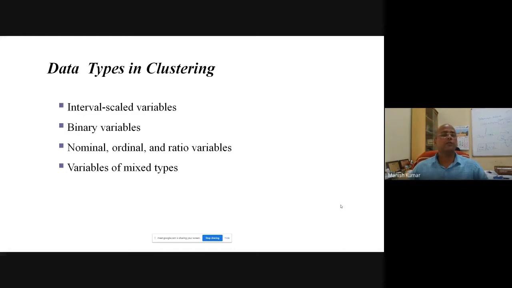Similarly, we have binary variables. Binary variables talk about variables of 0, 1 or yes or no. It can also tackle variables of nominal nature. Only, if your requirement says that we need binary variables for the clustering purpose, then you can transform even nominal variables into binary variables by some transformation methods. We have the Jaccard coefficient for finding the distance between two entities using binary variables, depending on whether they are symmetric or asymmetric in nature.